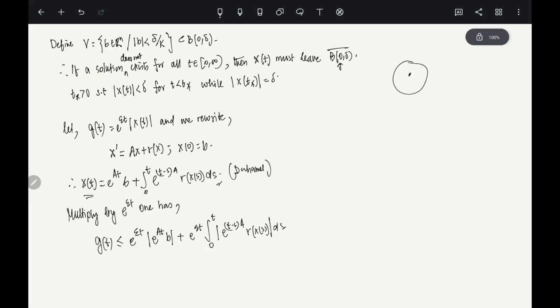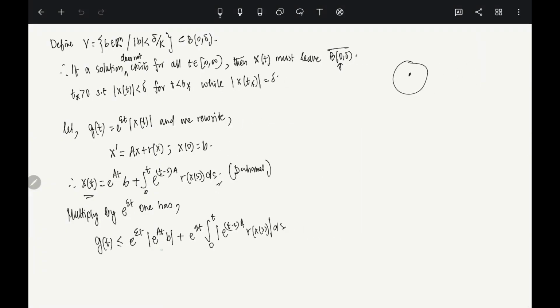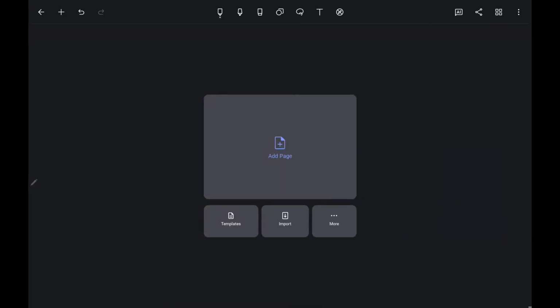Now we use the bound on the exponentials: the norm of e power At is less than or equal to k times e power minus epsilon t. So if you put that, g of t is less than or equal to k times mod b plus k times the integral from 0 to t of e power epsilon s r of x s ds. Is it okay? Just by using that bound.